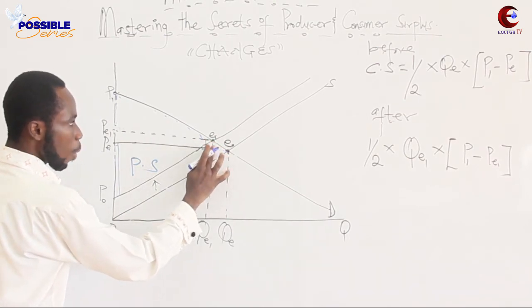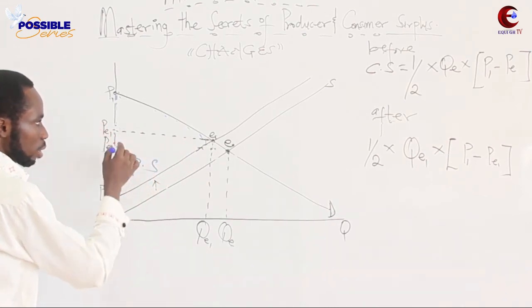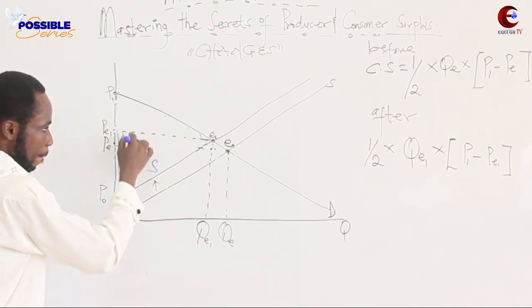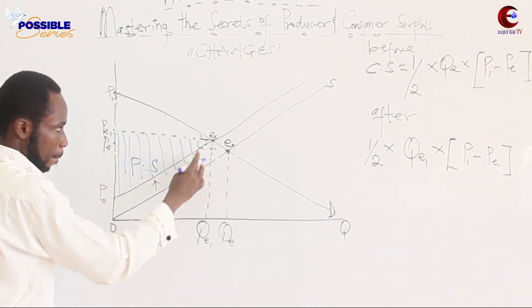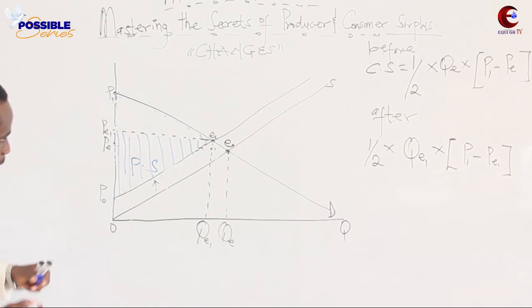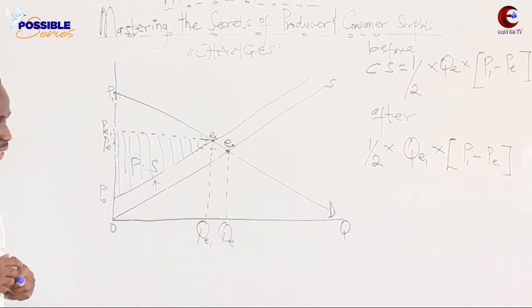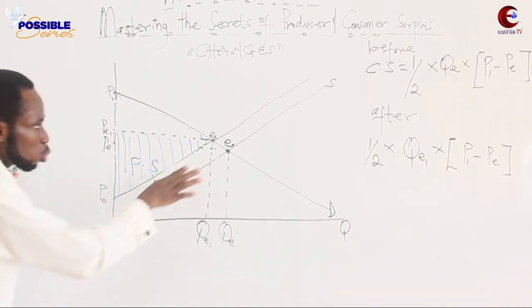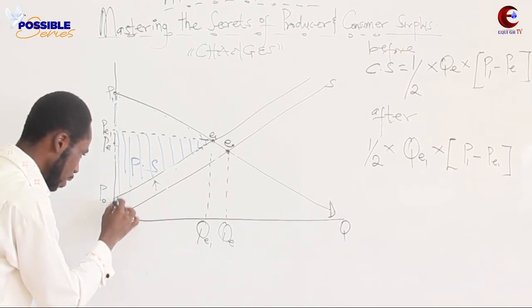So here will be no more our equilibrium price. So we clean this one, so it will come here. I hope you could see that. So that will be our producer surplus. So if you look at it carefully, you could see that we have lost a portion, and the portion is here.